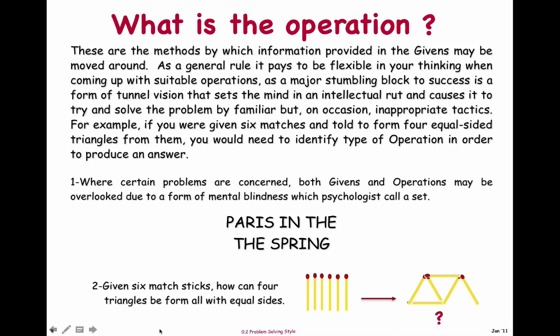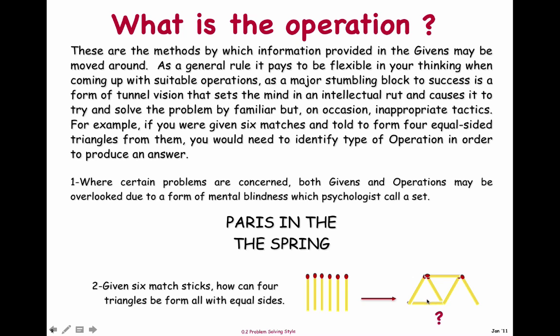Let's go back to the match problem. Given 6 matchsticks, how can 4 triangles be formed, all the sides of the triangle being equal? I've given you a start. There's 1, 2, 3, 4, 5, 6 matchsticks right here. And there are 1, 2, 3, 4, 5, 6.